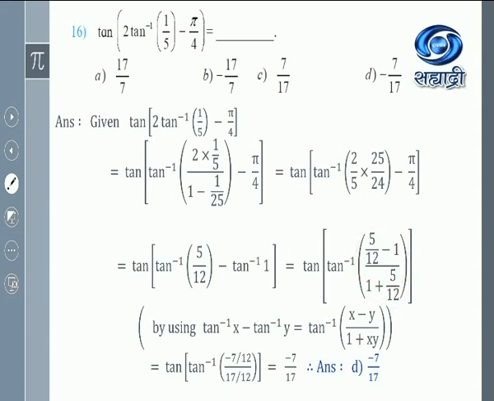This bracket is 5 minus 12 giving you minus 7 upon 12, and the common denominator 12 gets cancelled after finding the LCM. This is 12 plus 5 is 17, giving you minus 7 upon 17. So the correct option is D, which is minus 7 upon 17.